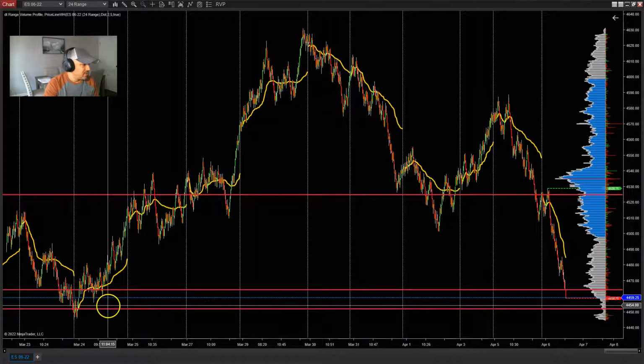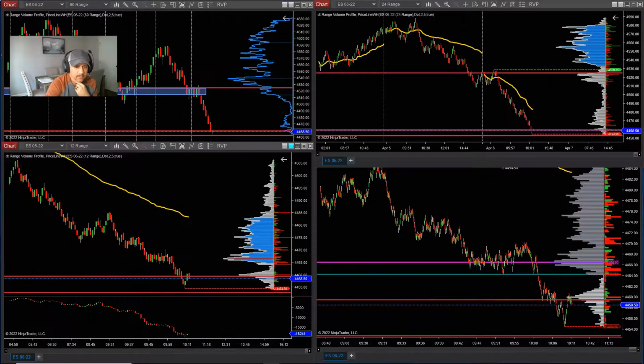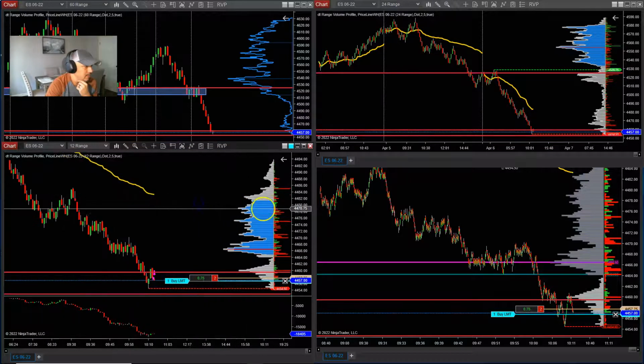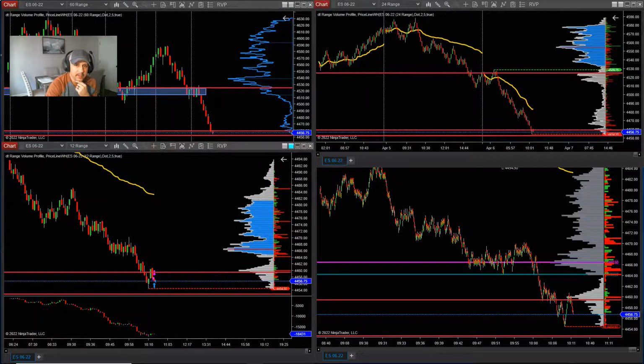Let's see if price is going to come here, if it's going to reject this area, or if it's going to come down here. Yeah, I'm late on this trade here, I'll be honest with you. Late, late, late. Okay. All right.